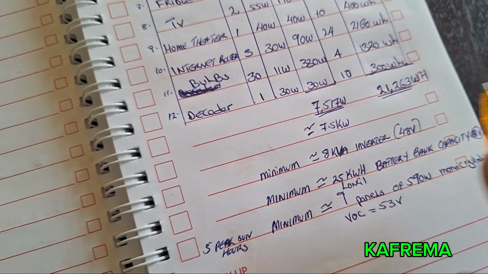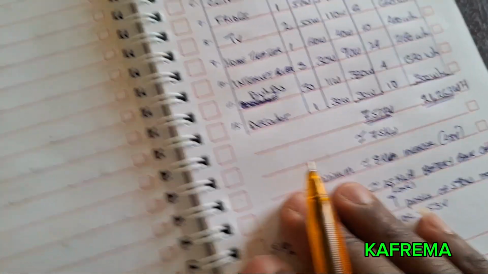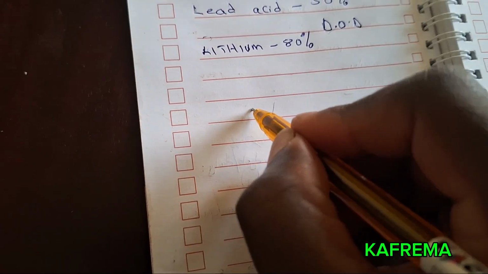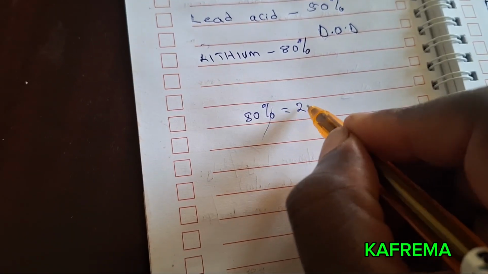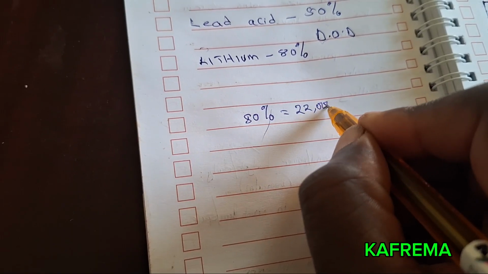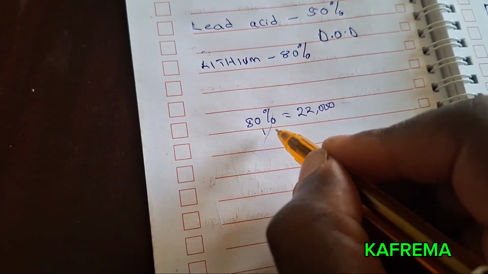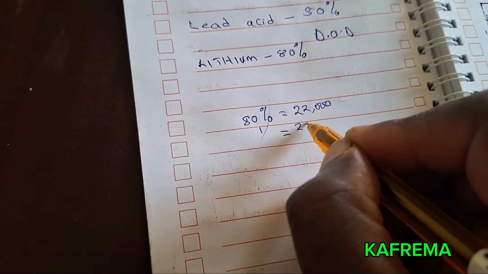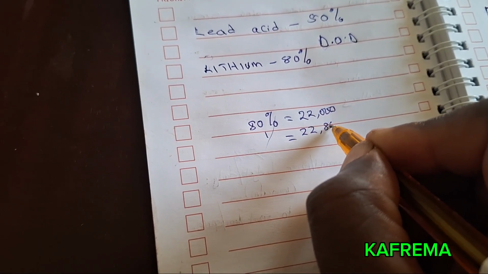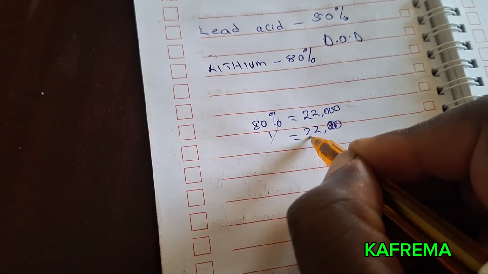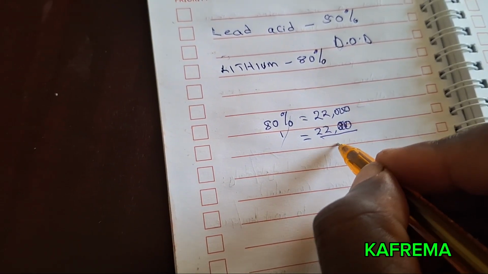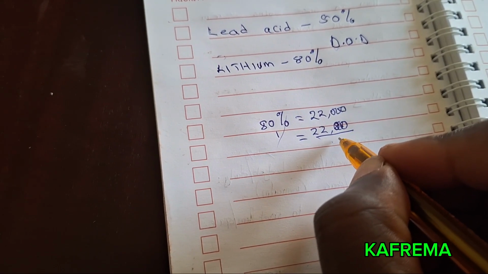So if 80% is equal to 22,000, what is 1%? That is 22,000 divided by 80.